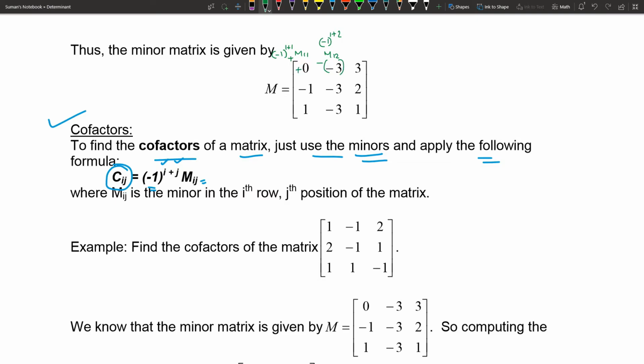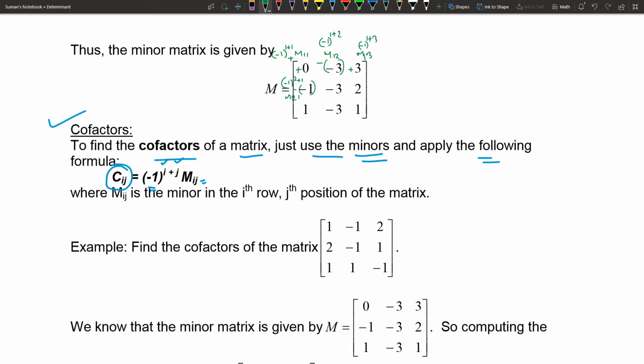Next one, M13. So that means first row, third column, minus 1 whole to the power 1 plus 3. That means even. So we are getting it as plus. In that way, suppose that one, that means M21. So minus 1 whole to the power 2 plus 1. So that means that one is minus.